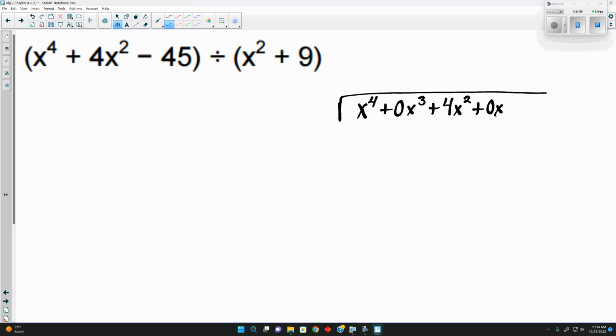We don't have an x, but we do have our constant term. So we have x to the fourth plus 0x cubed plus 4x squared plus 0x minus 45. Outside we have x squared, but I don't have an x term this time. So we can say plus 0x plus 9.